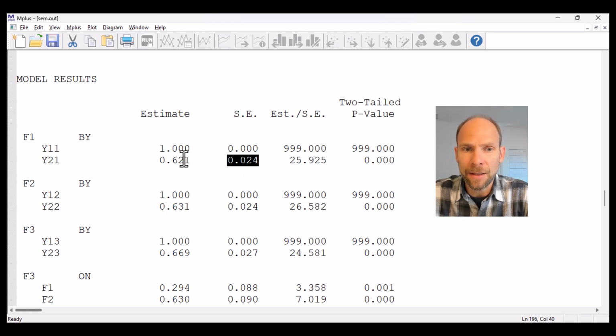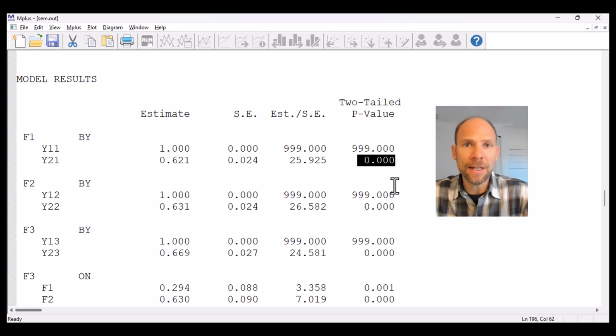That would not raise a red flag here, because the standard error is very small compared to the point estimate. It yields a large Z statistic because 0.621 divided by 0.024 is a large number, and that is highly statistically significant, meaning this second indicator loads significantly onto the factor.